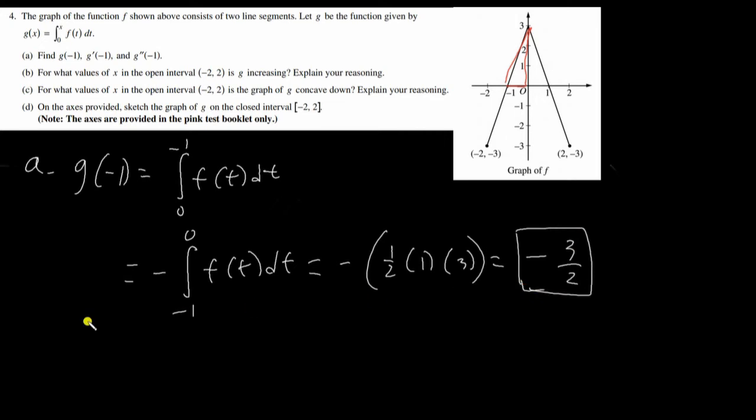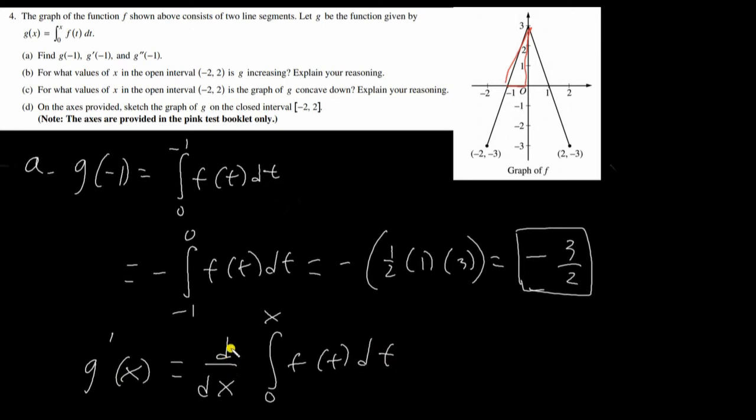Okay, and then what's next? g prime of -1. Okay, so first, before we do this, let me find a general function for g prime of x. Since g of x is equal to this, I'll have to take the derivative of the integral of the accumulation function.